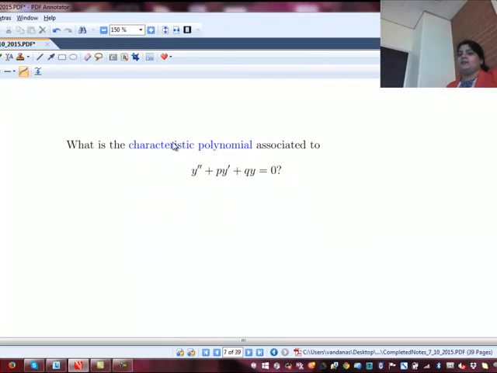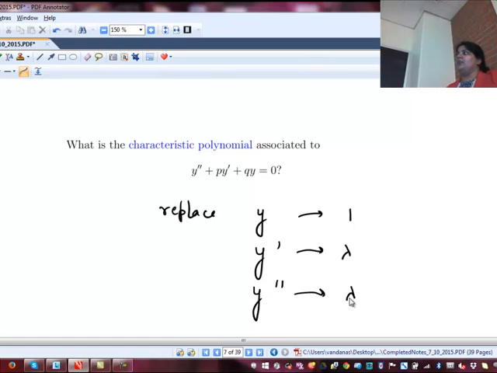What is the characteristic polynomial associated to this one if p and q are constant? What is the idea? If you don't want to keep plugging in e to the power lambda x every time and differentiating it, the straightforward trick is to replace y with 1, y prime with lambda, y double prime with lambda square.